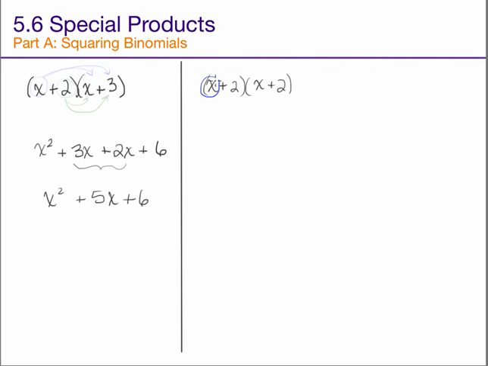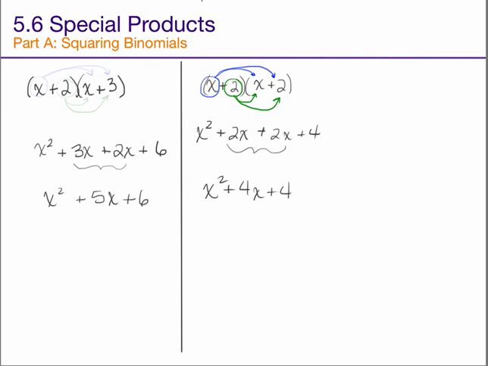We can proceed by multiplying x by x and then x by 2, and then 2 times x and 2 times 2. Combining like terms gives me x squared plus 4x plus 4.